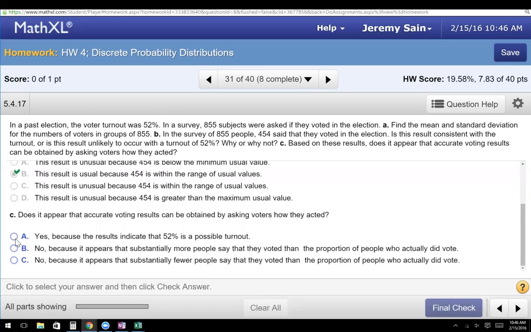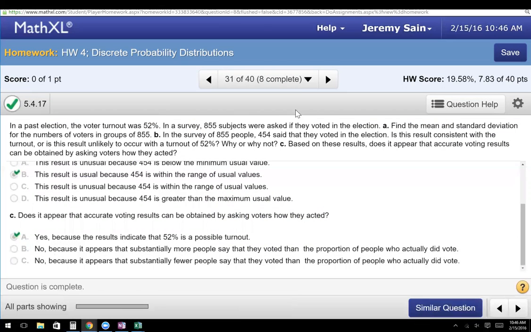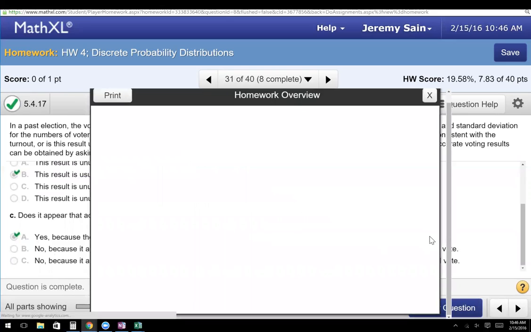I don't really like how that's, I'm not sure exactly what they're asking. But I don't think either B or C sound right, so I guess it's A. All right, now let's see if I can find the Poisson stuff.